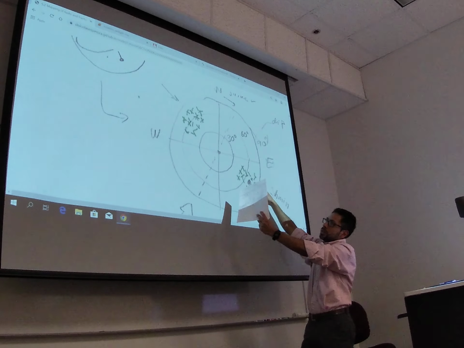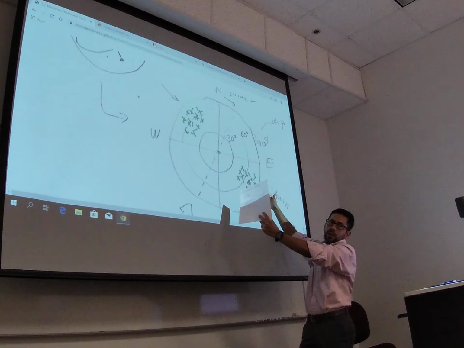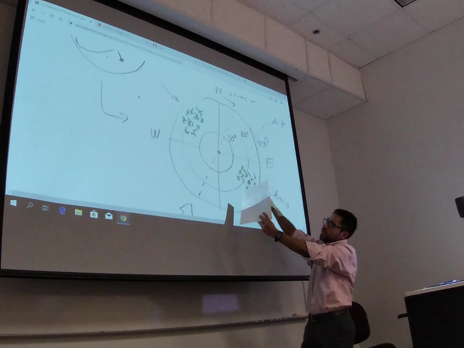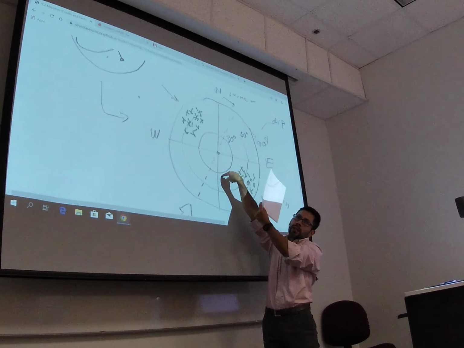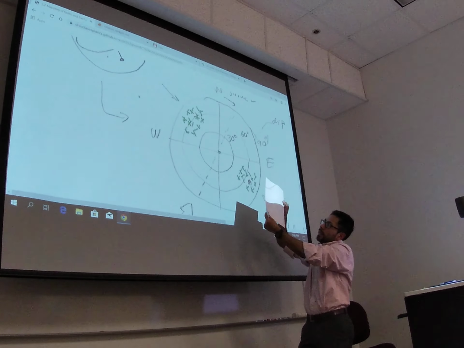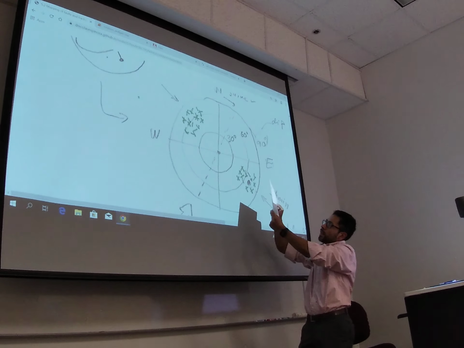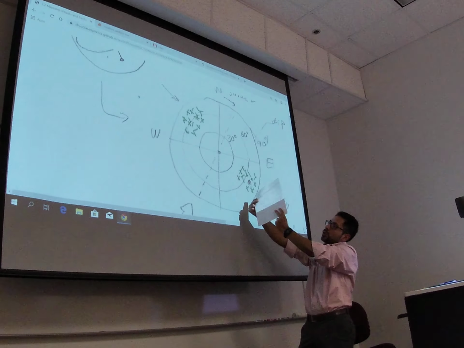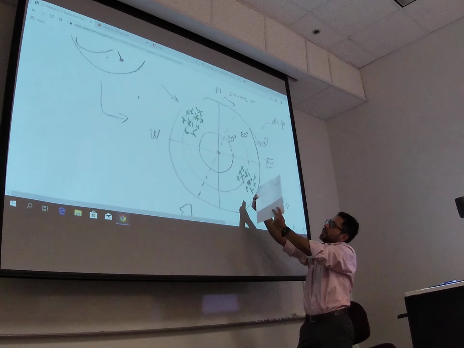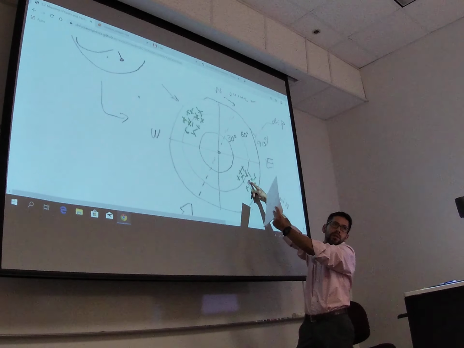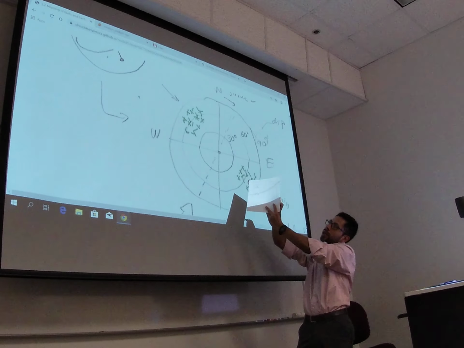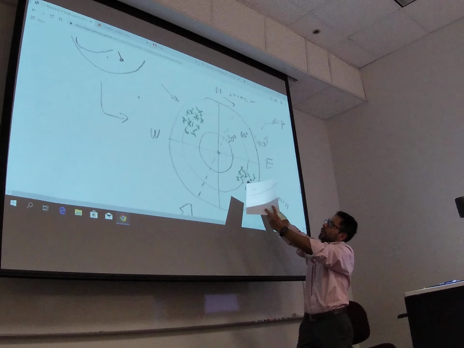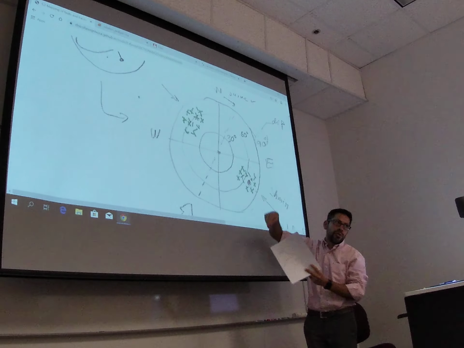If it's in the edge, the dip is going to be 90 degrees. If it's in the center, this is going to be a horizontal plane because that arrow will go directly to the center. So, in this particular case, where the point is over there, this means that the dip is about 60 degrees, 60 degrees that way, because that arrow is hitting the point somewhere close to 6.